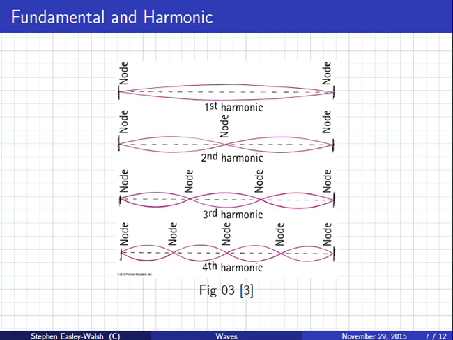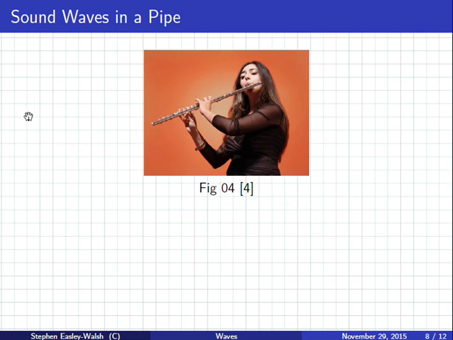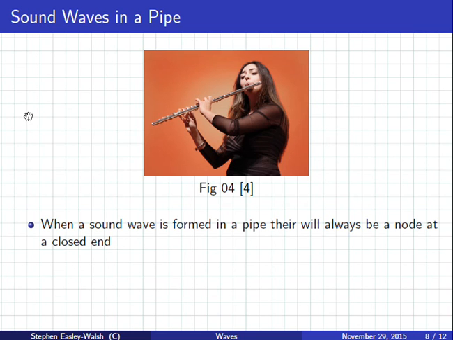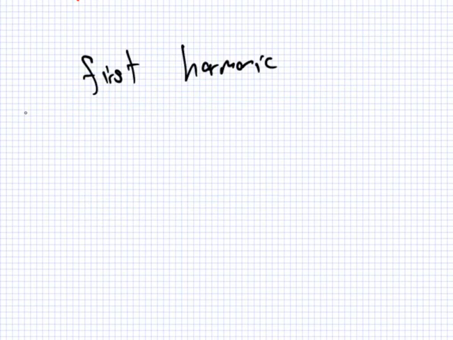If you look here, in black, if I draw a little box here, this is one wavelength from here to here. So this distance here to here is actually half a wavelength.